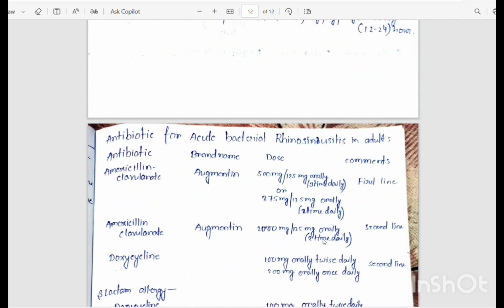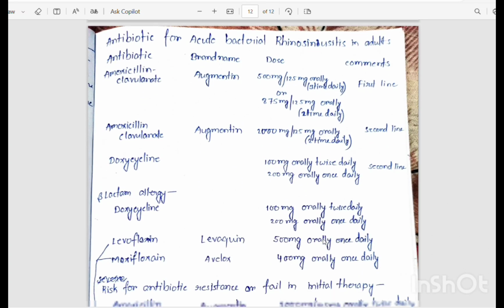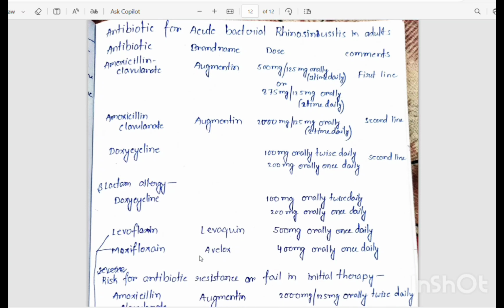Then the antibiotics for acute bacterial rhinosinusitis in adults. The antibiotic name will be amoxicillin plus clavulanate. Augmentin is the brand name. Dose will be 500 mg to 125 mg orally 3 times daily.